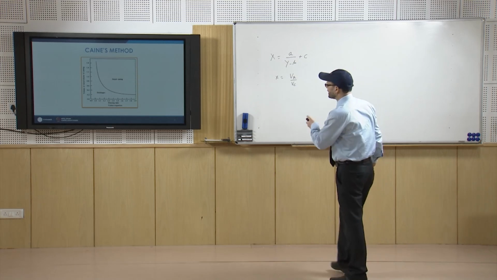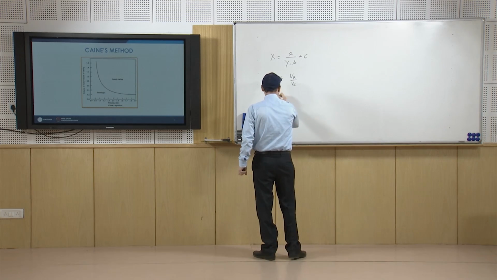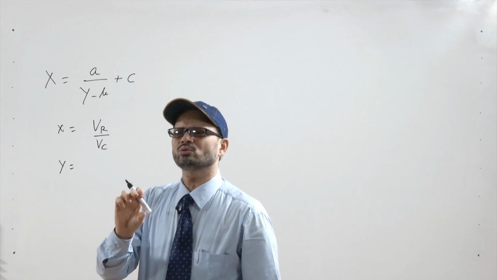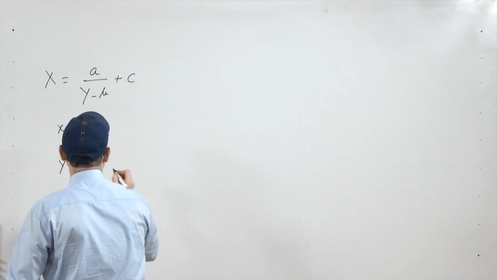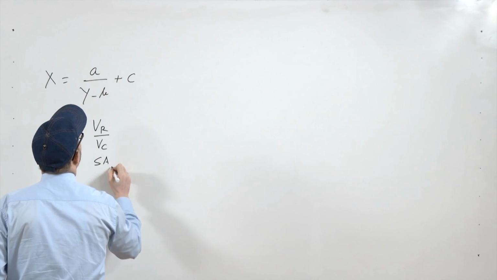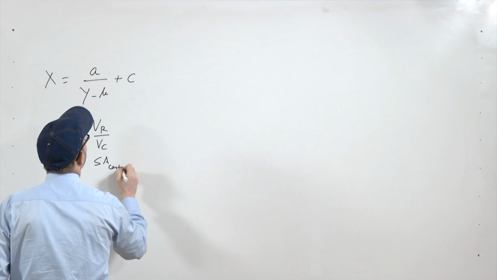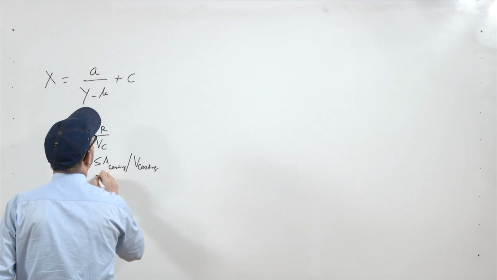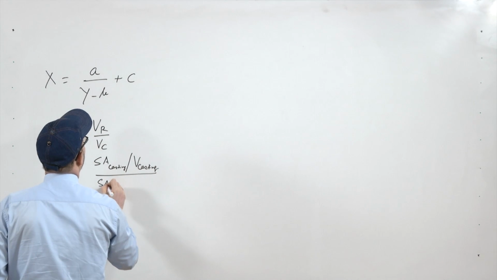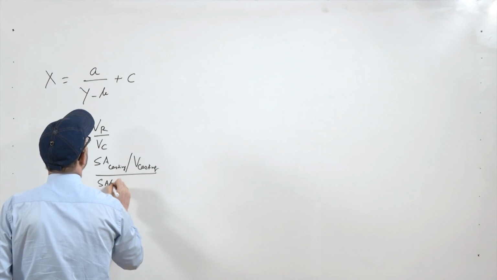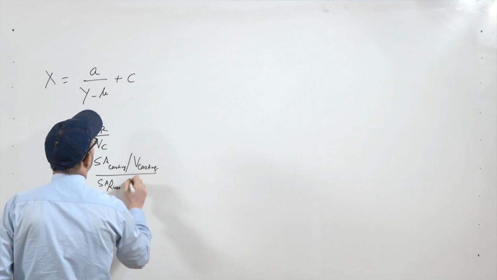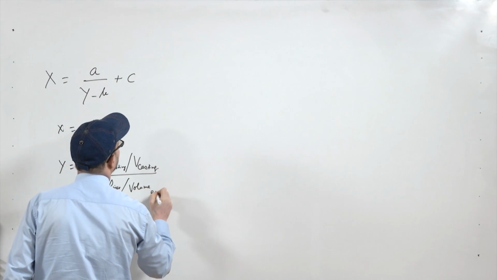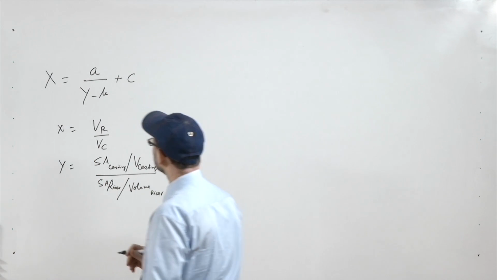Now, the freezing ratio, that is y, is the relative freezing time of the riser to that of the casting. So, it comes out to be surface area of casting to volume of casting, divided by surface area of riser to volume of riser. So, this is the parameter.